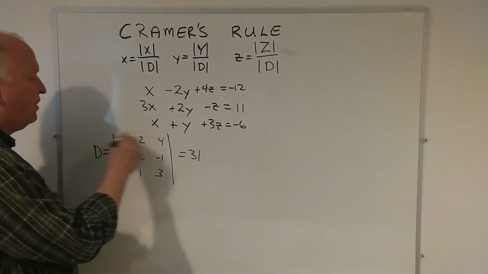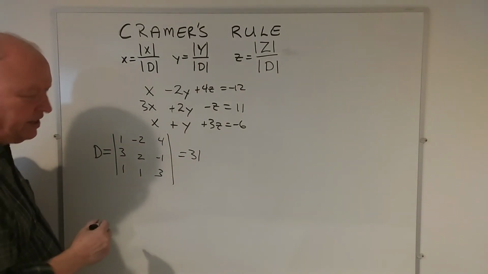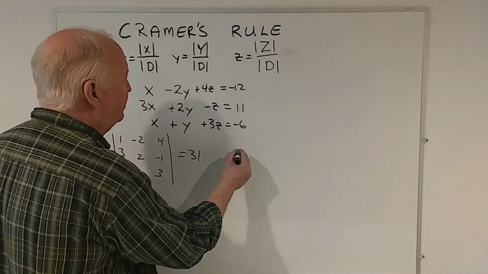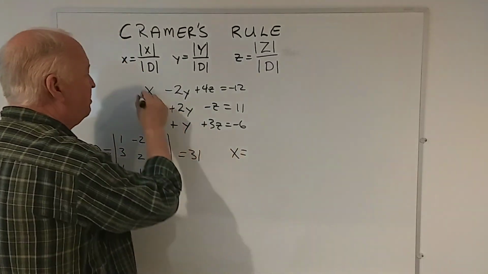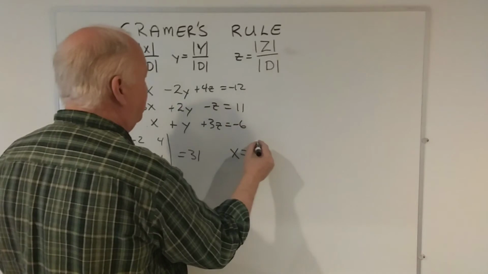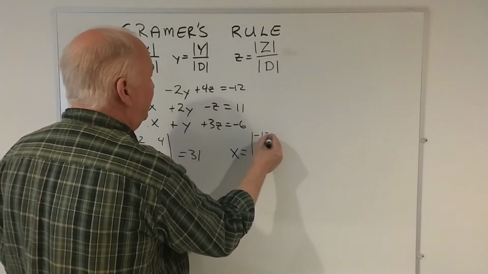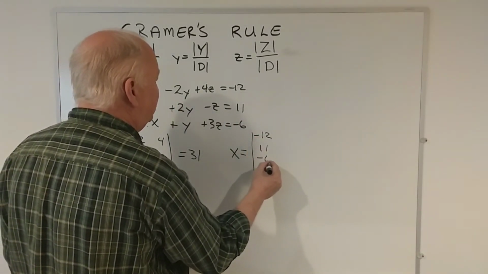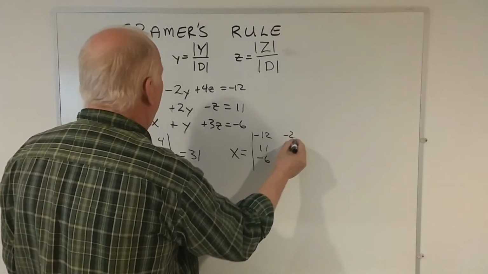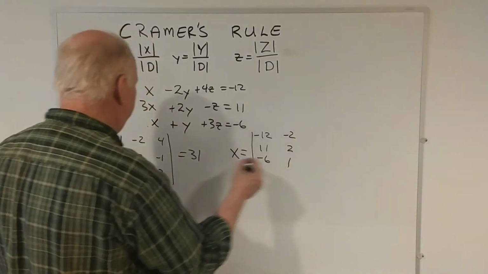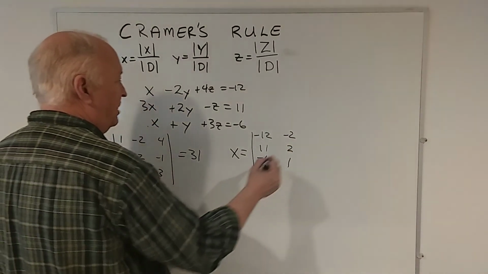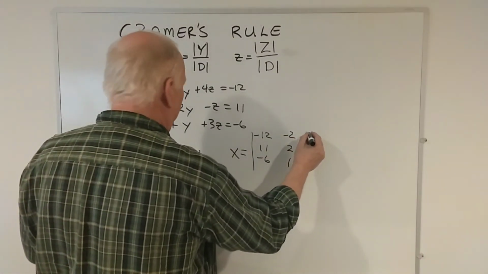You can write the numbers and calculate it. Then we create the X matrix, which replaces the X column with these numbers. So now I have negative 12, 11, negative 6, negative 2, 2, and 1. The Y column remains the same, and so does the Z column.